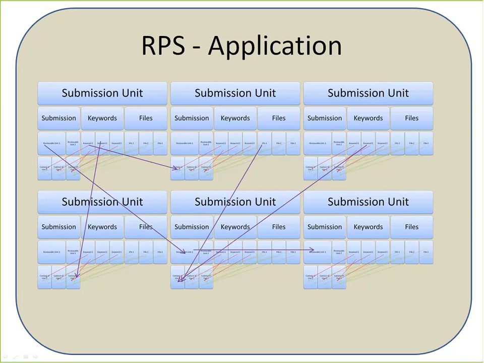So each submission unit is one sequence, and the RPS application has multiple submission units. Of course, just like in eCTD now, you can refer to anything else in any other historical submission. And actually with RPS, you can go back and adjust historical things to refer to future things. It's very, very complex, but again, extremely flexible.